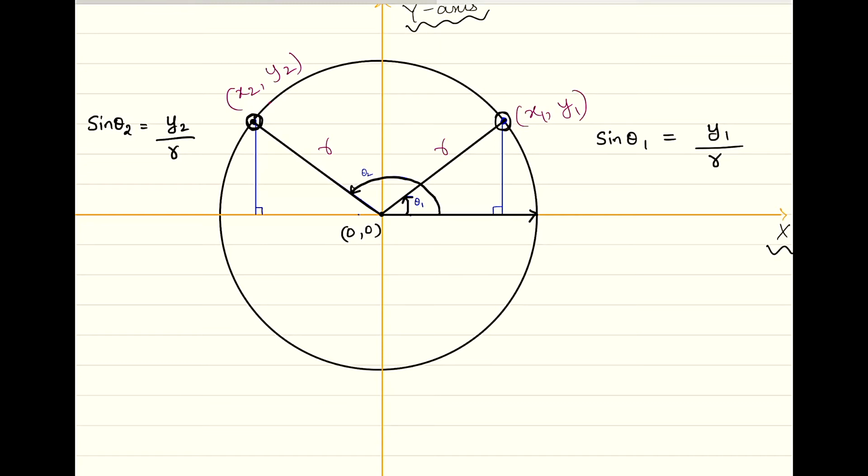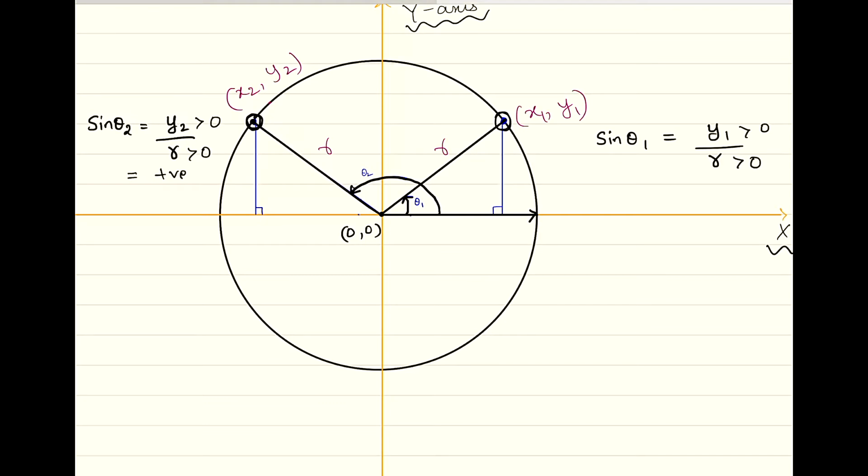Either way, here sin theta 1, this is y coordinate, y1 is greater than 0, radius is also greater than 0, so sin theta 1 will be positive. In second case also, y2 will be greater than 0, radius is again greater than 0, so sin theta 2 is also a positive number.